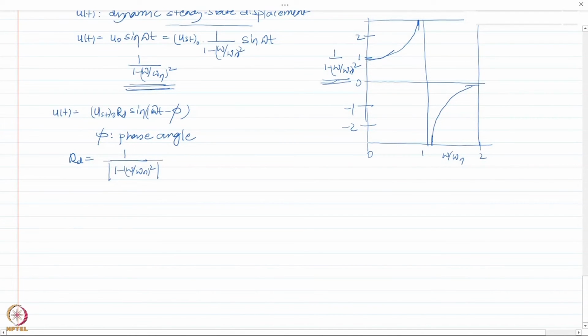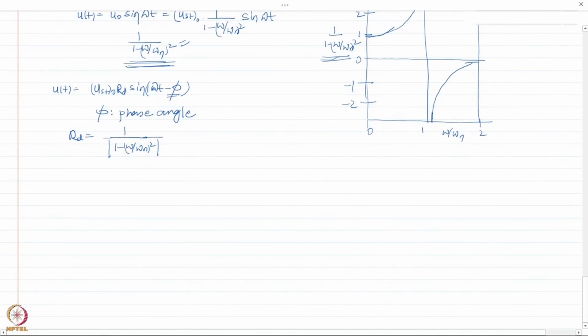Then you would ask me, how is the sign of sine omega t taken into consideration? Initially it was coming due to this term. Precisely for that, I have this angle phi here. Remember, we said that when omega by omega n is less than 1, u varies as the same positive sine of omega t.